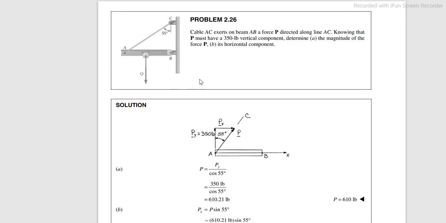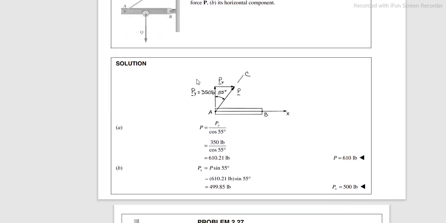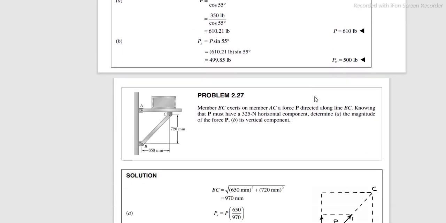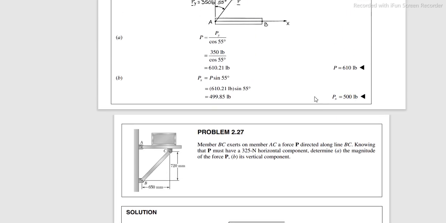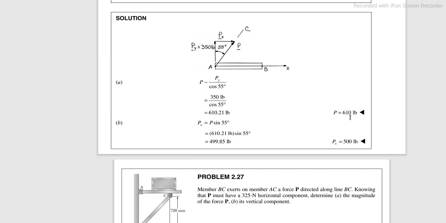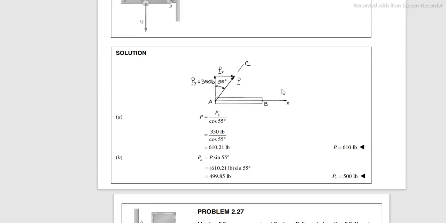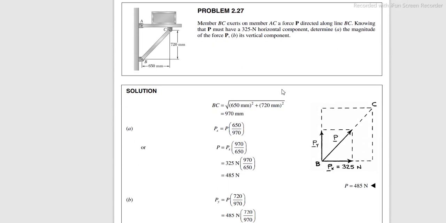The horizontal component has to be measured. Here the solution is P is 610 lb and the horizontal component Px is 500 lb. Very easy question.